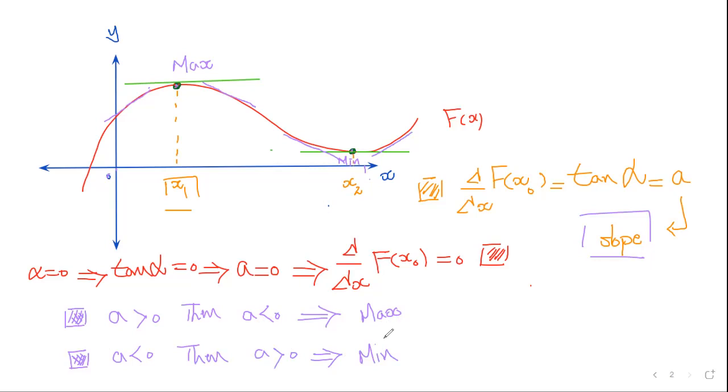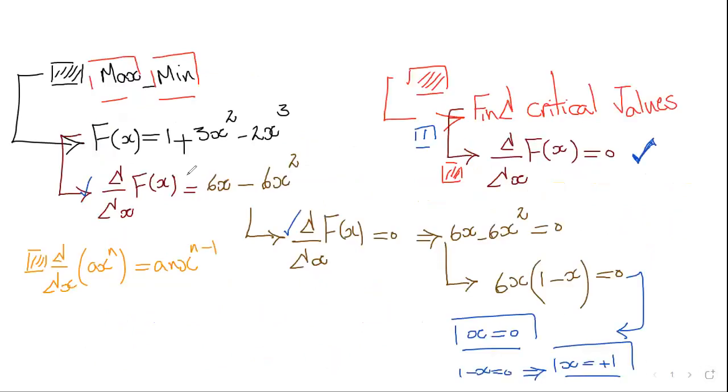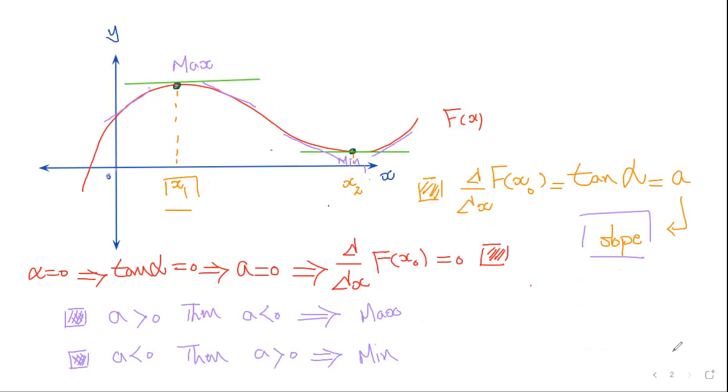Now, I'm going to use whatever I have on this slide on the next one and solve the same problem that you're trying to solve. I go to the next line and write the function again. We said that f of x is 1 plus 3x squared minus 2 times x to the power 3.